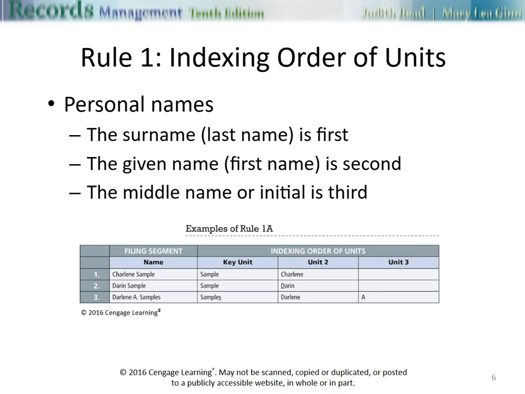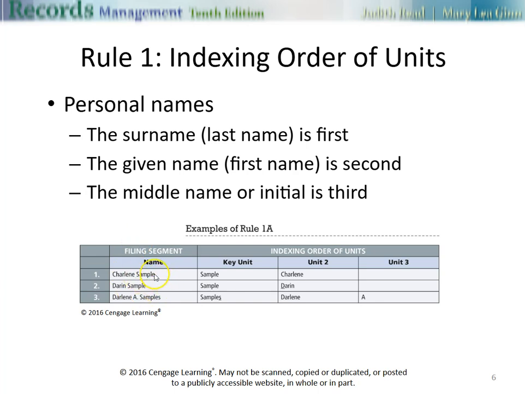So the first rule deals with personal names and the indexing order of them. So for personal names, the specific order is always their last name. So their last name is always going to be the key unit. Next is going to be their first name. And then if they have a middle initial, that would be the third unit.